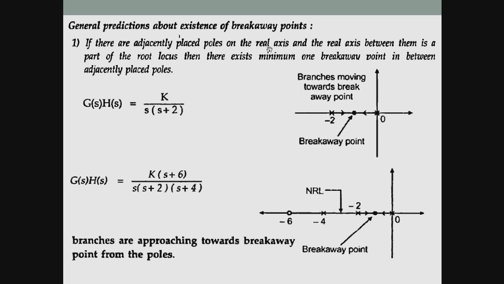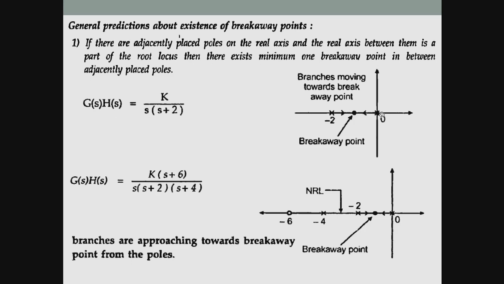Let me take g of s. The first case is that if there are adjacently placed poles on the real axis and the real axis between them is part of the root locus, then there exists a minimum of one breakaway point between the adjacently placed poles. What does this say?